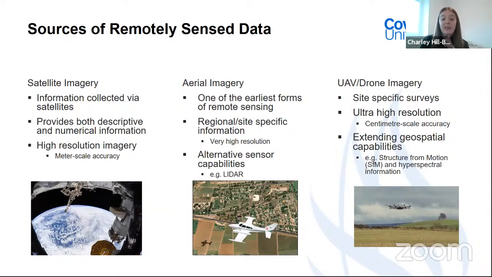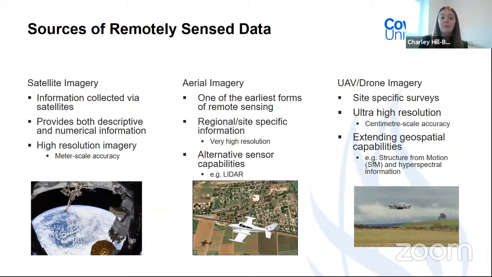What we have with this is that we can collect different resolutions of our data. Our satellite data can get us to perhaps meter scale information, whereas our drone data, we can get down to centimeter scale. We can pick out individual flowers, for example, at the Earth's surface.